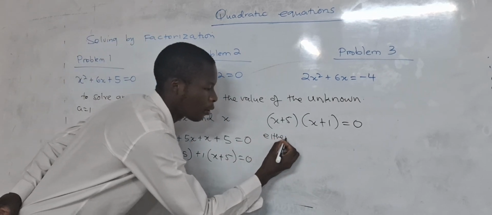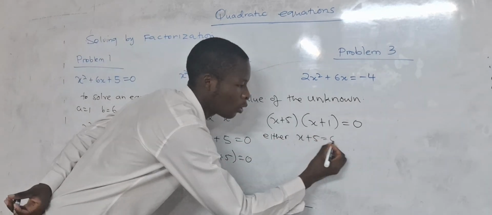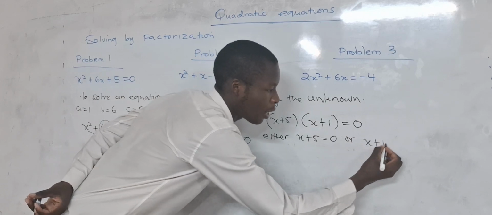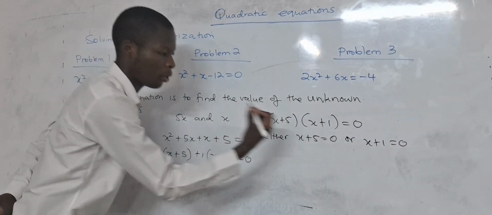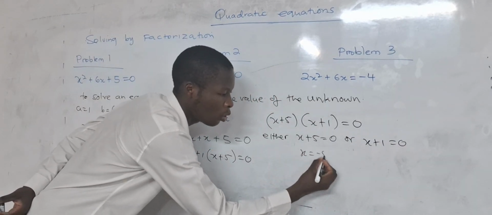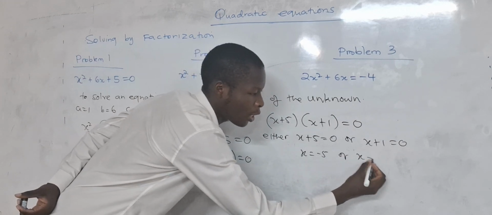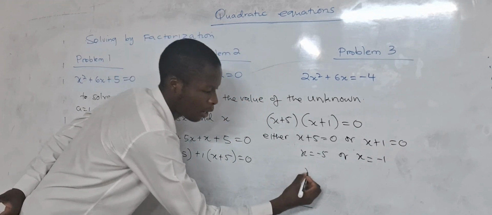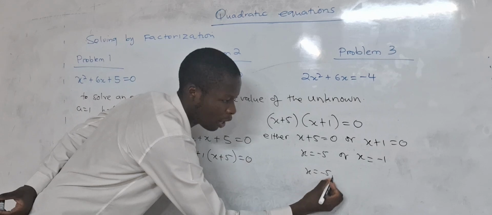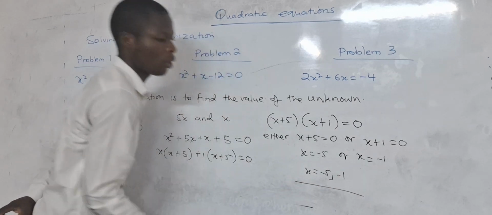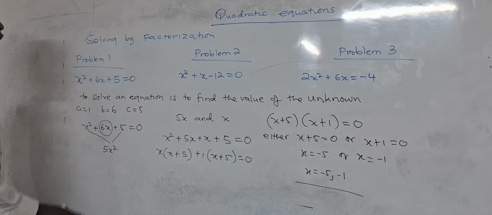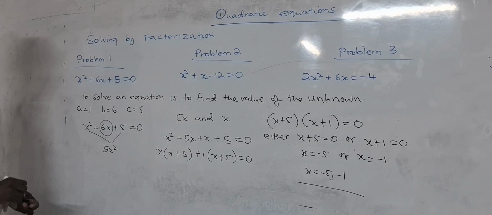So either x plus 5 is equal to 0 or x plus 1 is equal to 0. So x is equal to negative 5 or x is equal to negative 1. So this is the solution of this question.